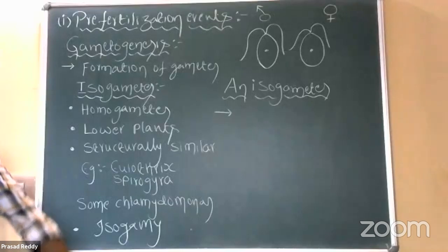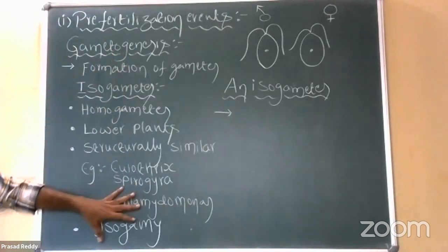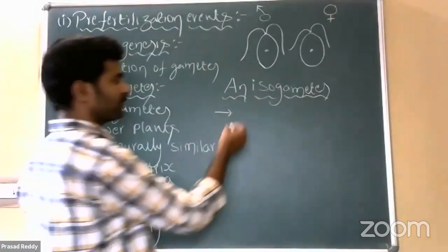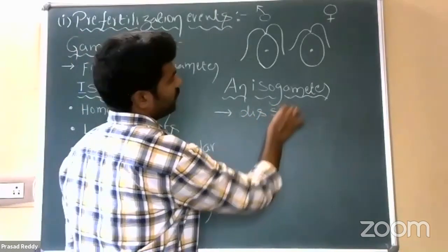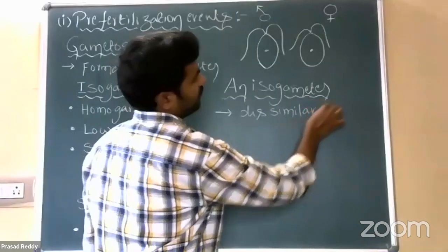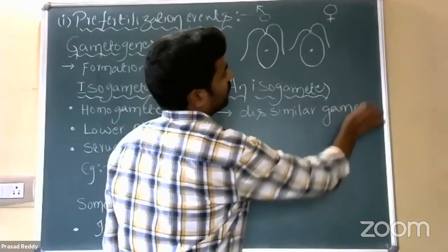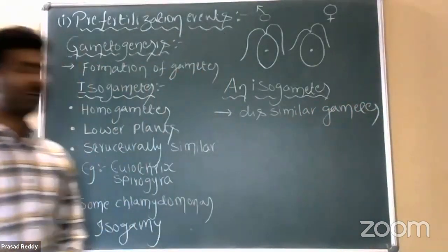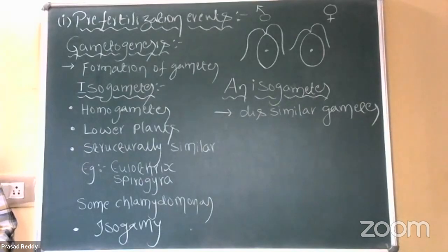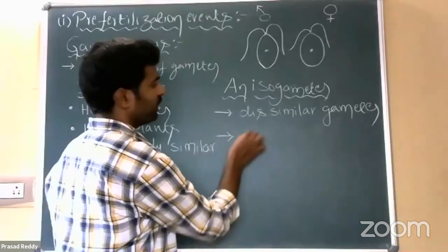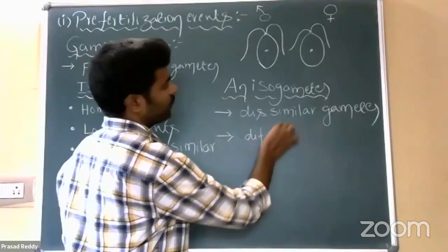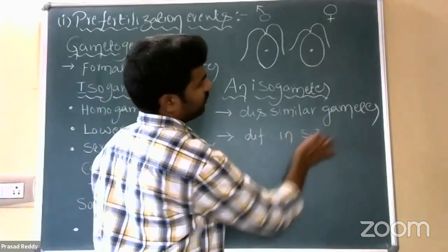In some lower organisms like algal members, they produce dissimilar gametes. That dissimilar gametes are called anisogametes, and their fusion is anisogamy. Structurally, they differ in size.